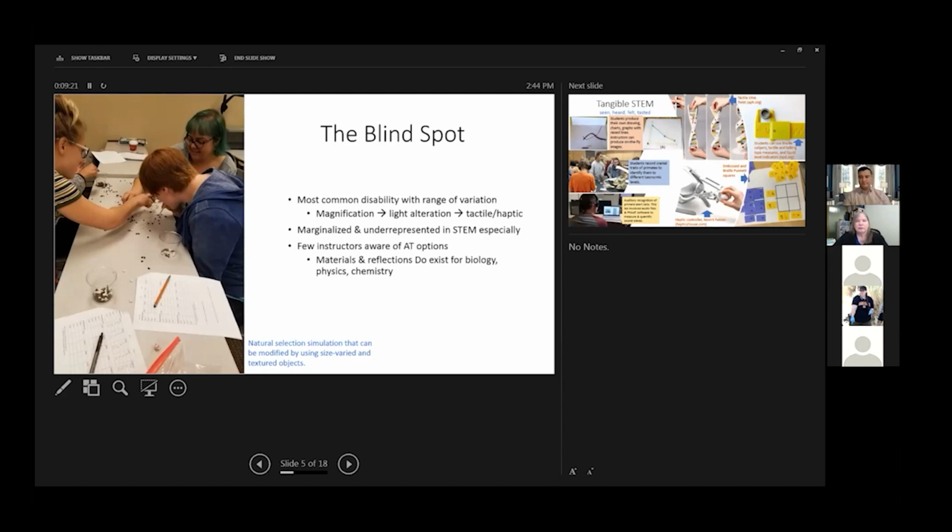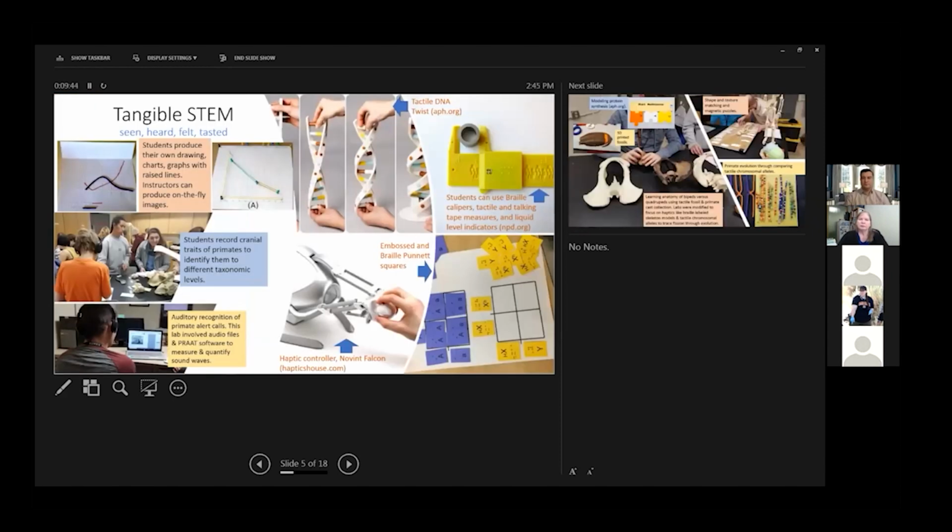And in anthropology, this is really heightened, because although there are materials and reflections about how to incorporate blind and low vision students into lab classes in other disciplines, I found that doesn't exist for anthropology. And so I was kind of up against trying to figure that out on the fly with this student. And it ended up being a very good and helpful challenge for me.